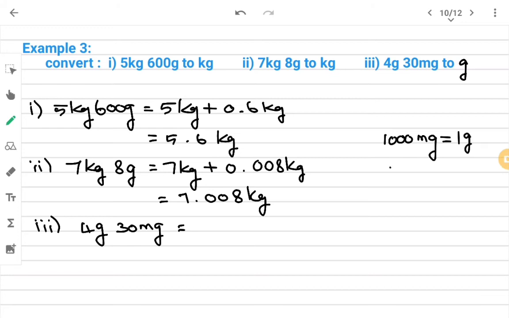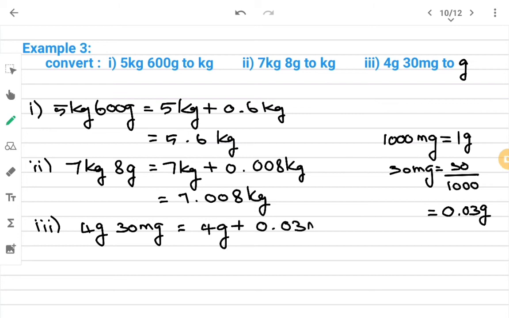Here how many milligram are given? 30 milligram. So 30 by 1000 is nothing but 0.03 gram. 4 gram as it is plus 30 milligram can be written as 0.03 gram. While you are adding these two, you will get 4.03 gram.